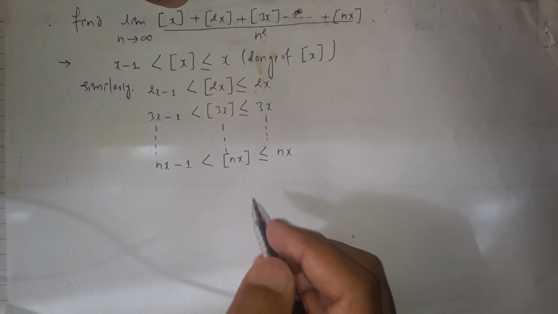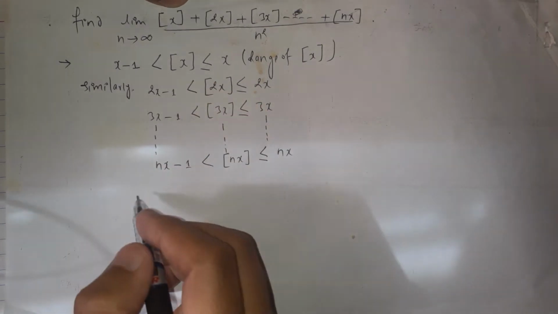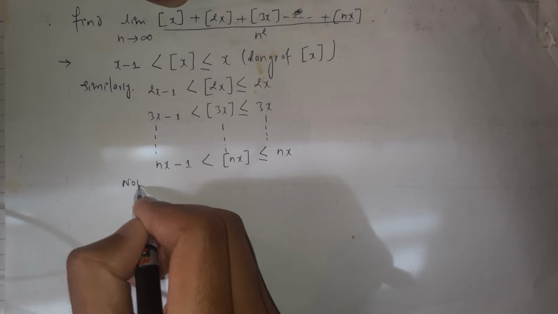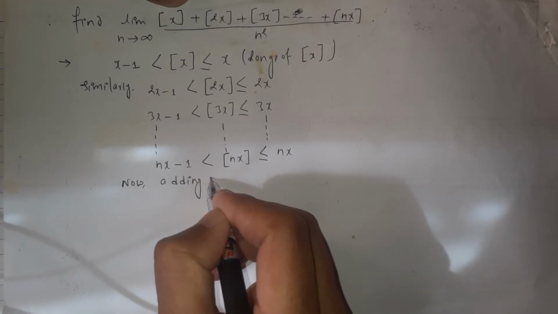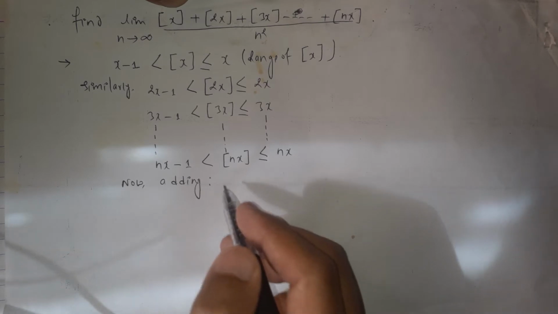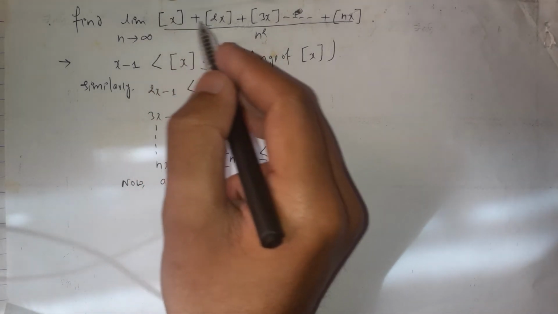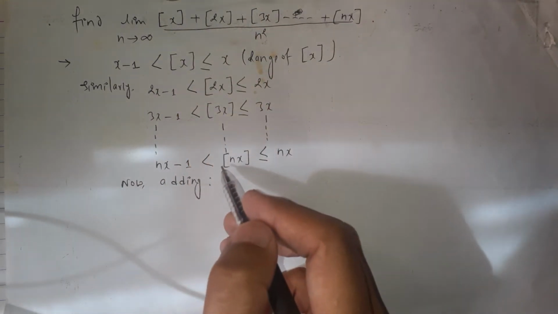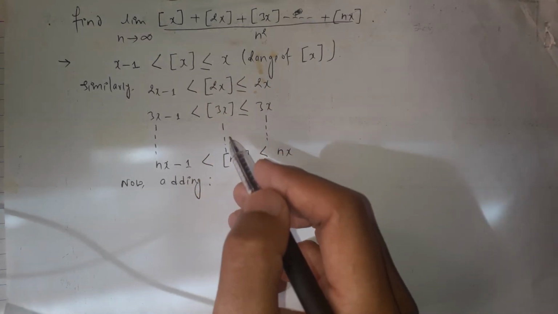These are the inequalities. Let's add these inequalities. After adding, the expression in the numerator will be the middle part of the inequality.